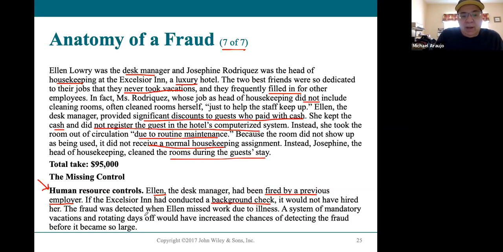Okay. The fraud was detected at that business when she missed work due to illness. Also, a system of mandatory vacations and rotating days off would have increased the chances of seeing that fraud was happening earlier. Okay.